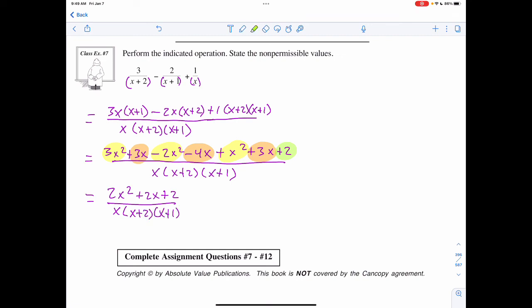And I still need to check to see if I can factor down my numerator. So I'm going to start by saying, well, there's a common factor of 2, x squared plus x plus 1.